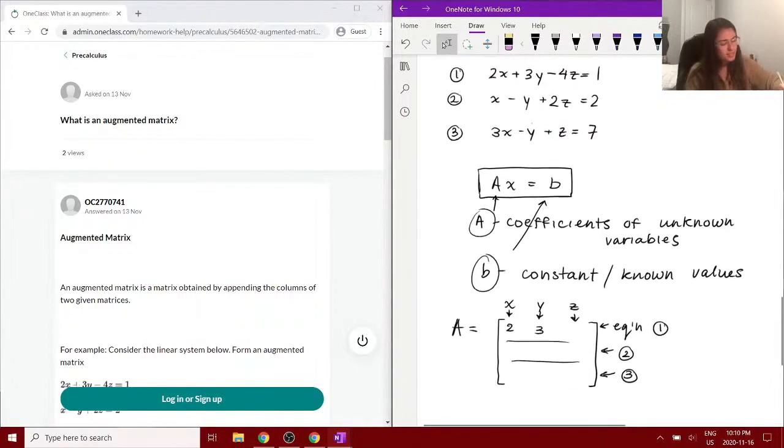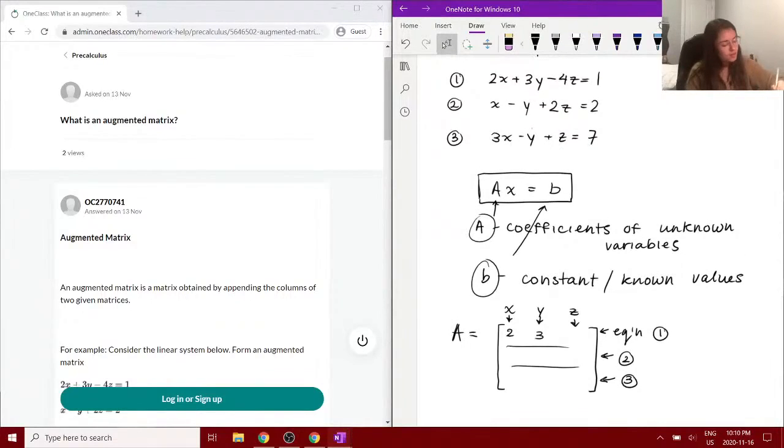Okay, as I was saying, for the first row we have 2, 3, and -4. Now for the second equation, for x, we just have 1, since it's just x, so you can imagine an imaginary coefficient there of 1. The second one is -1, same thing, there is no coefficient there, but you can imagine a -1 out in front. And then we have +2.